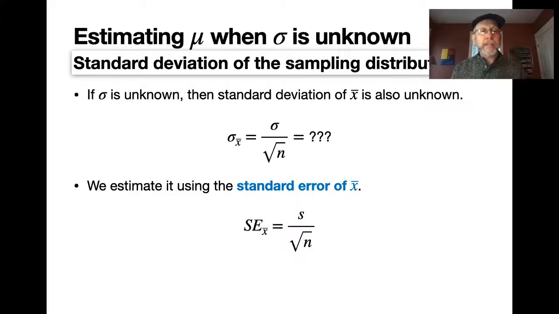So we replace sigma in the standard deviation of x bar with s, the sample standard deviation. This gives us what's known as the standard error of x bar. So the standard error of x bar is our estimate for the standard deviation of the sampling distribution.